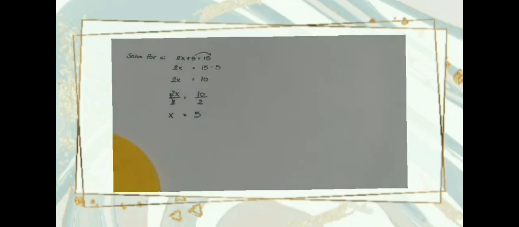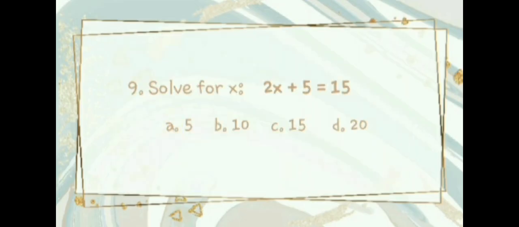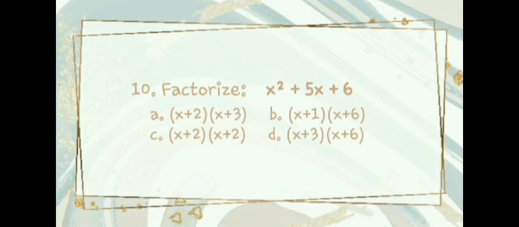Then we simplify 15 minus 5, and so next we divide 2 from both sides para makansin na to si 2 dire, no? Makuha na to ang value sa x. Okay. 10 over 2 is 5. So therefore, the value of x for this equation is number 5. So which is letter.